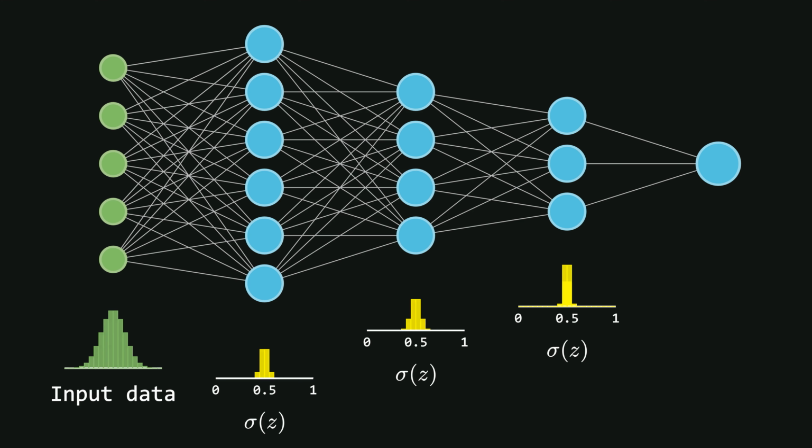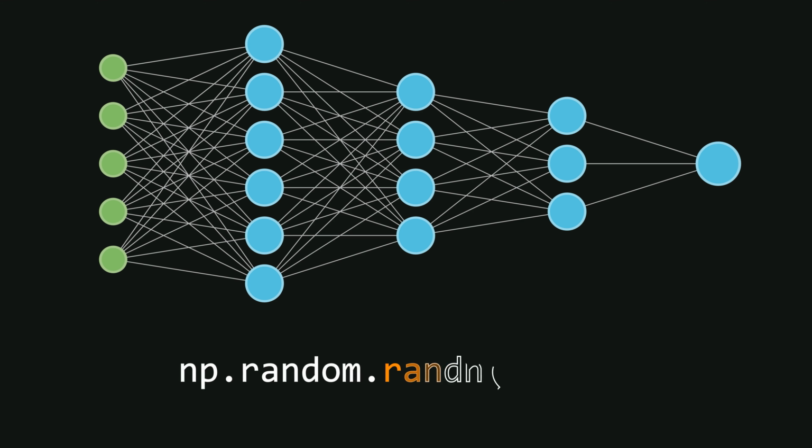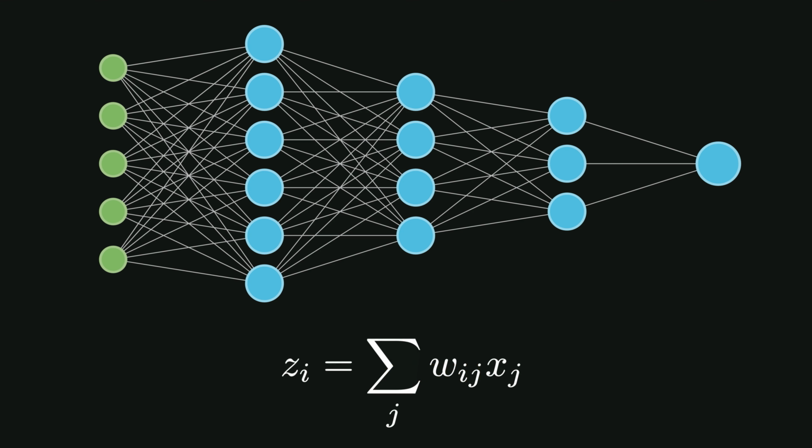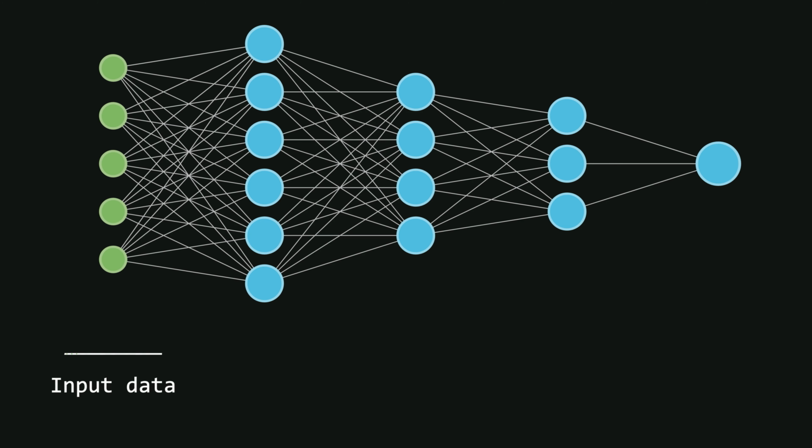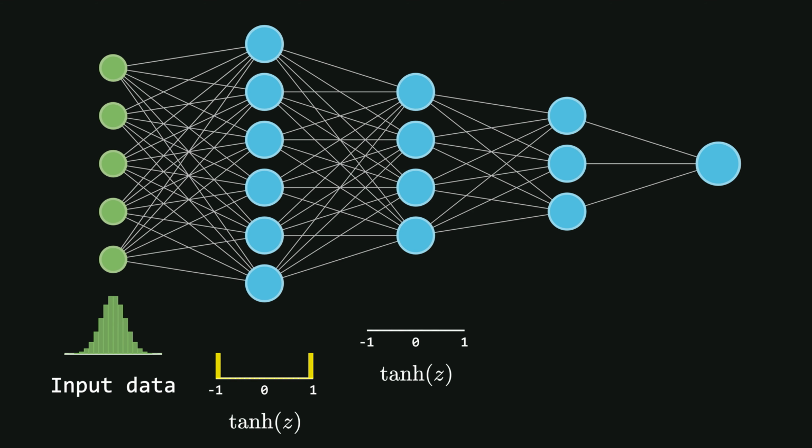Now, if we initialize the weights to large values, meaning we don't multiply them by a smaller number, the weighted sum can become quite large, either big positive numbers or big negative numbers. So, in the case of tanh, most of the values will be towards -1 or +1, right? Because the inputs are large.